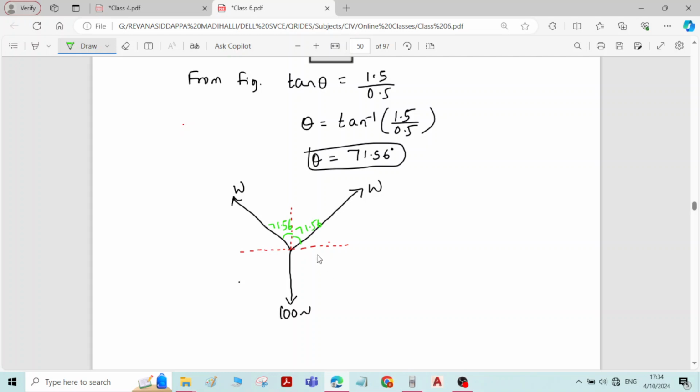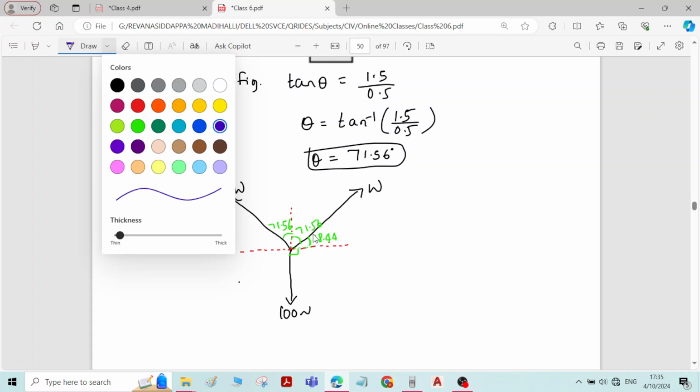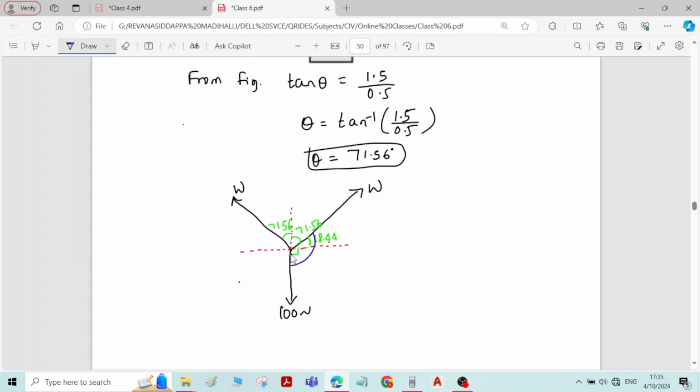So here this angle is 90, and the remaining angle will be how much? The angle between these two red dotted lines is 90. 90 minus 71.56 will give around 18.44. Therefore the overall angle on this side will be 90 plus 18.44, that is 108.44.